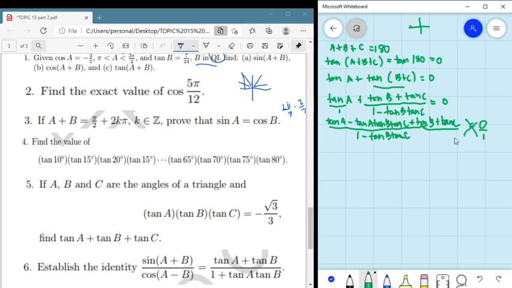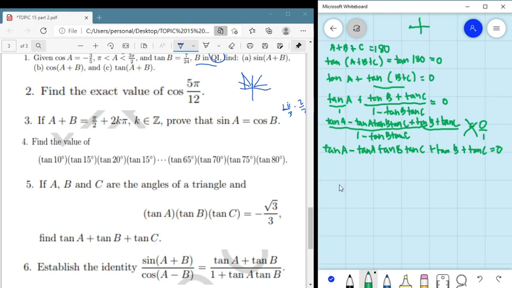Then, by cross multiplication, what remains on the left side is tangent A minus tangent A, tangent B, tangent C, plus tangent B plus tangent C equals 0.